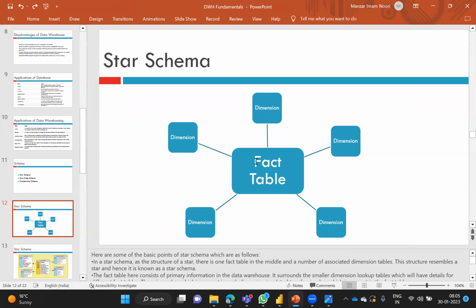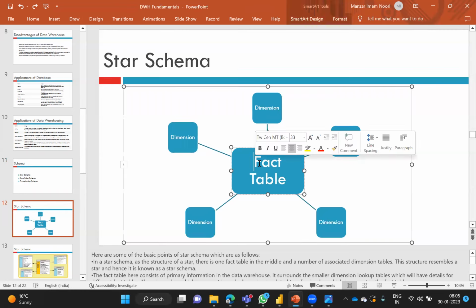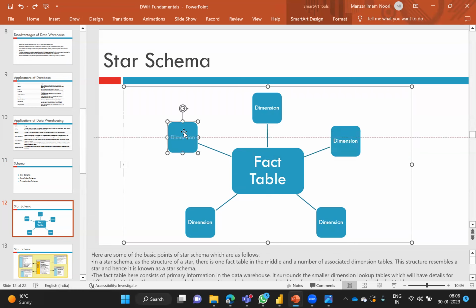So what are those key columns? Here we have the foreign key information, which is related to the dimensions. Dimensions will have a primary key for each dimension, and for the same dimension we have the foreign key, which will be available in the fact table.